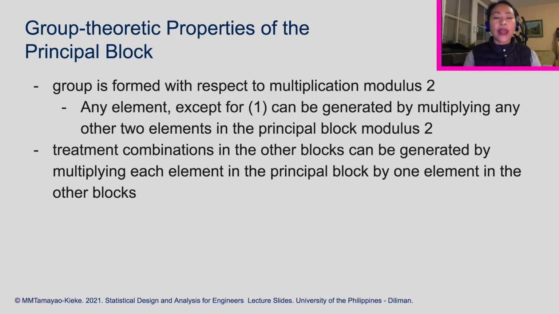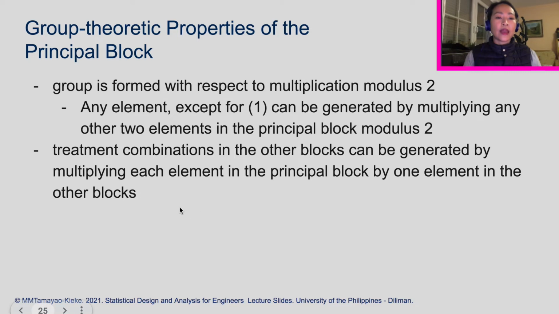That means that any element, except for 1, can be generated by multiplying any other 2 elements in the principal block modulus 2. The second interesting property is that the treatment combinations in the other blocks can be generated by multiplying each element in the principal block by 1 element in the other blocks.